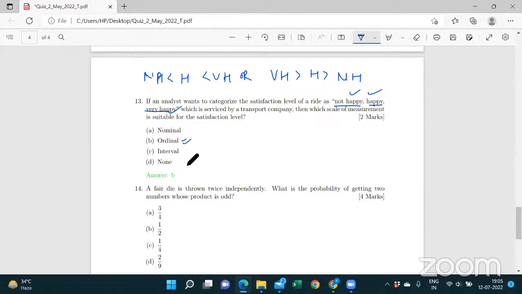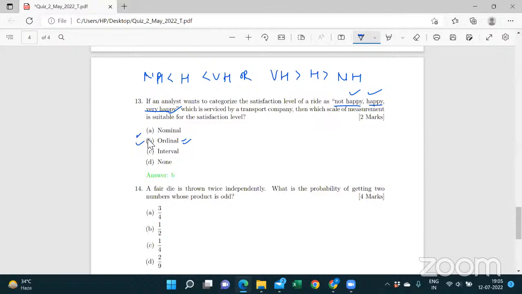If it is that easy, we have to think twice. In my mind many things were going on, like numerical or integer, whatever we have read in previous classes. It could be nominal because it is not numerical, but a number is given, so I thought maybe it will be nominal.